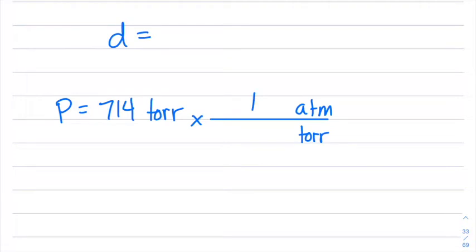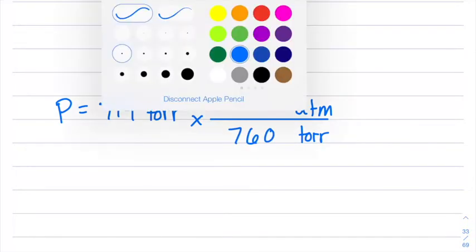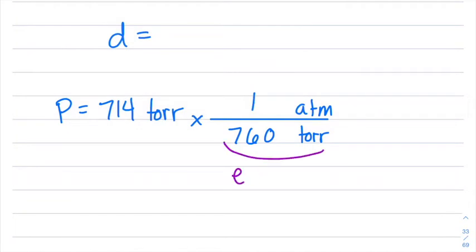For every 1 atm, how many torr are there? It's the same as millimeters of mercury. And there we go. Excellent. So 760. That was one of those conversions I wanted you to know, and this is exact. All right, so go ahead and take a moment and calculate out our pressure in atm.